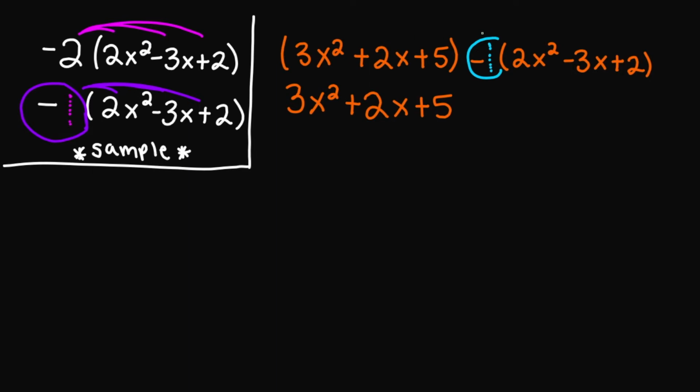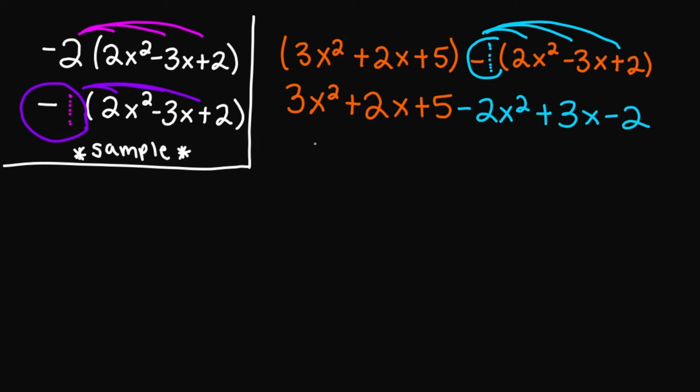So negative 1 times 2x squared is going to turn into negative 2x squared. Negative 1 times 3x is going to turn to a plus 3x. And then we have negative 1 times 2. This is going to turn into a negative 2.